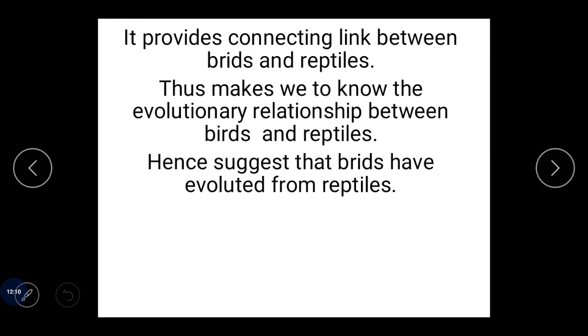These common features make us understand that these two organisms have certain links between them, a relationship, or we can say that these organisms have evolved from a common ancestor.